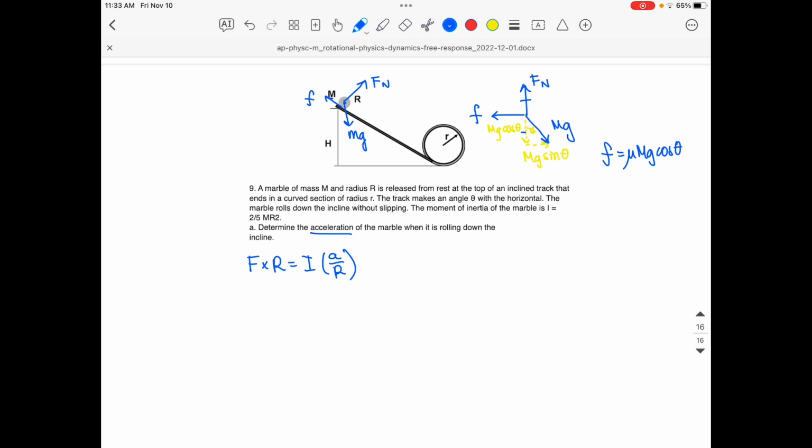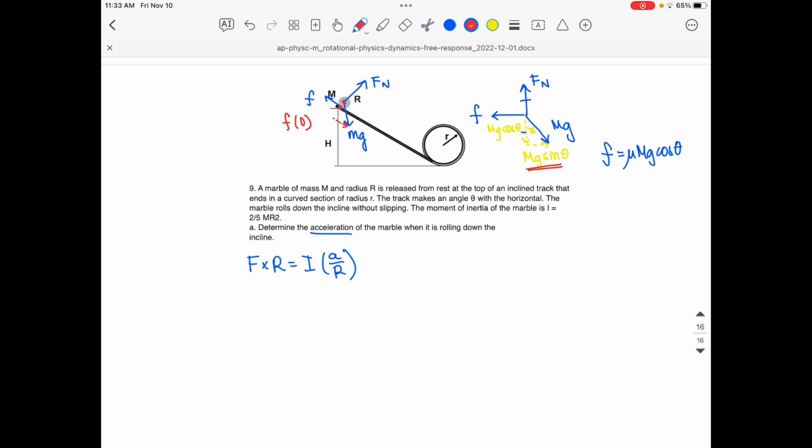So what I'm going to do is change the axis of rotation so that my axis of rotation is now down here, and my frictional force no longer creates a torque because it's going to be friction times a radius of 0, and the component that does create a torque is the x component of my mg, just this little part that pulls it down in this direction.